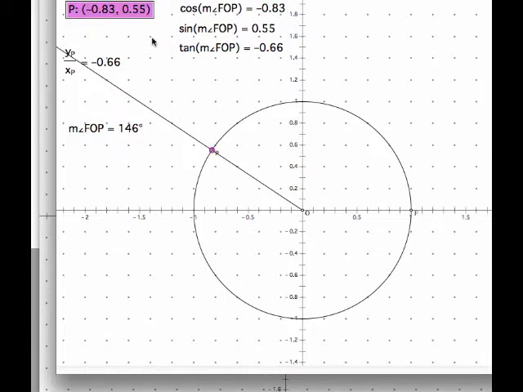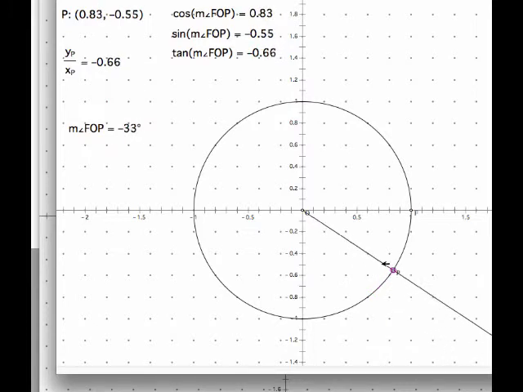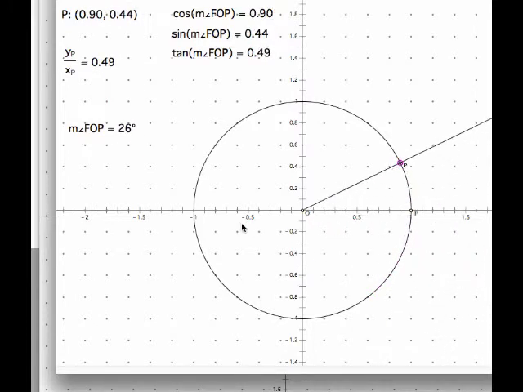The cosine is, by the definitions we've established, the x-coordinate of this point, negative 0.83, divided by the radius, which in this case is 1. So they're the same. Sine is the y-coordinate divided by 1, so it's 0.55. As you can see, it doesn't matter where we move the angle, we can get a sine, cosine, or tangent value because we're now defining sine, cosine, and tangent based on the coordinates of the point on the circle and the radius of that circle.